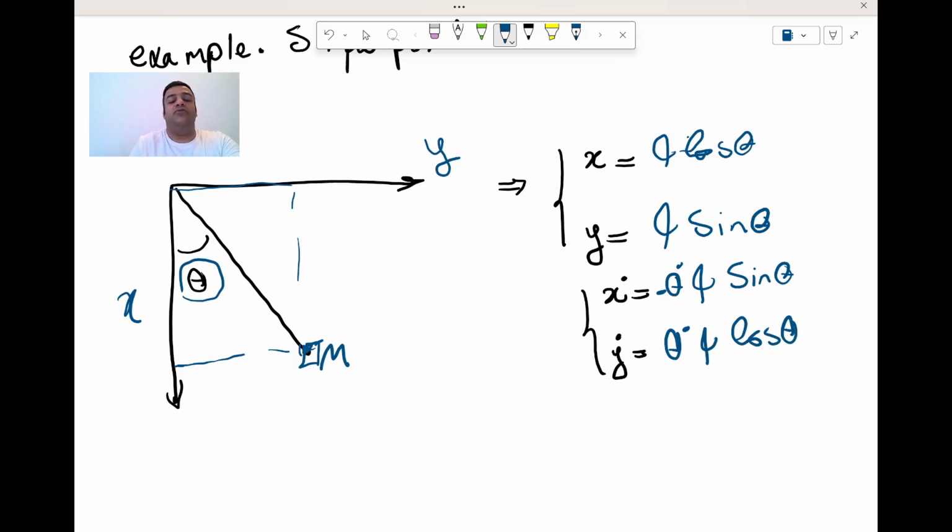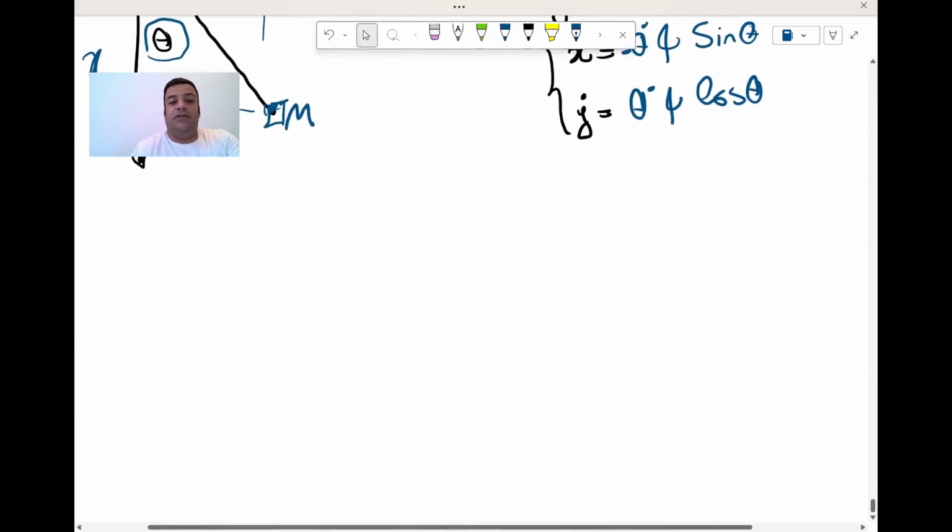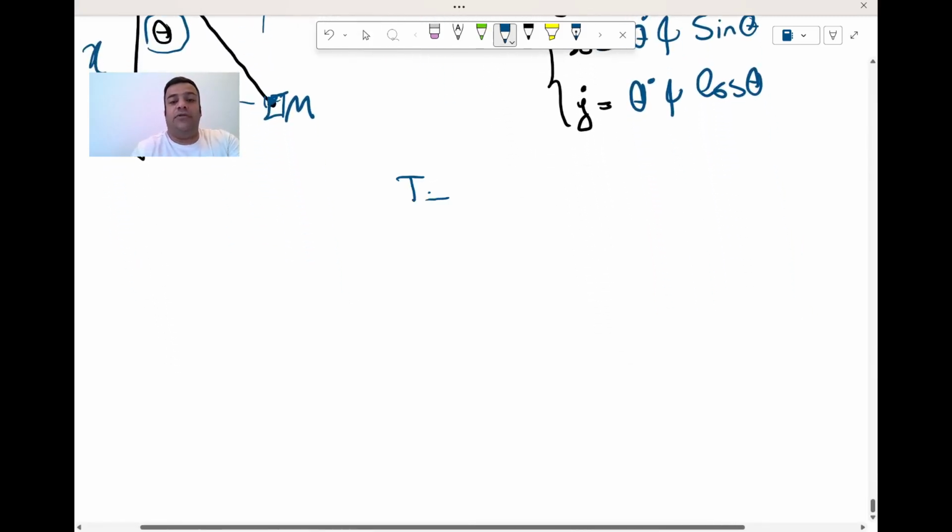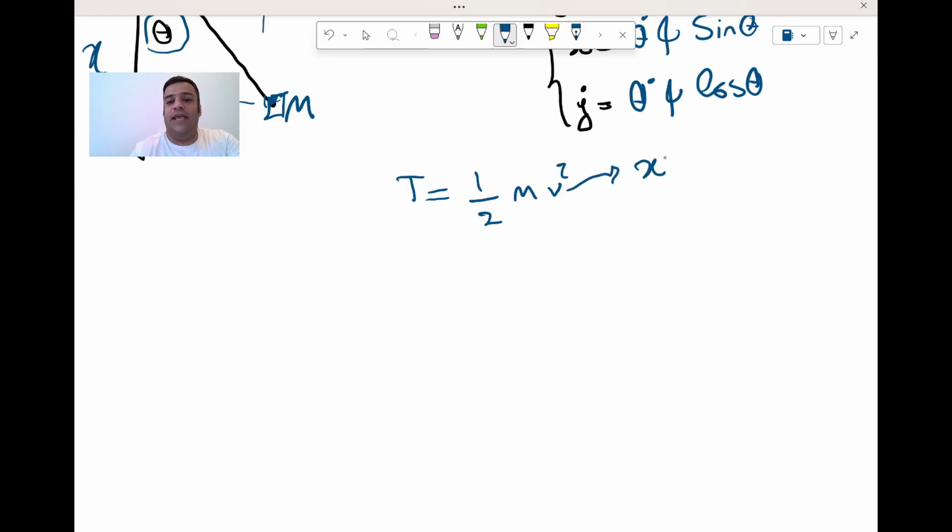Why must we use this? Because for the kinetic energy, we need T is 1 over 2 m v squared, and exactly that is x dot squared plus y dot squared.